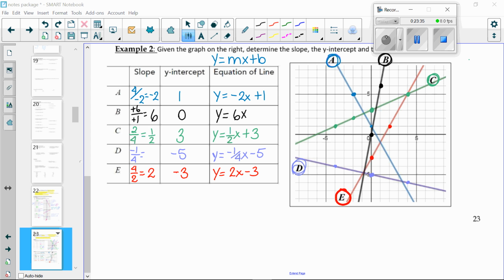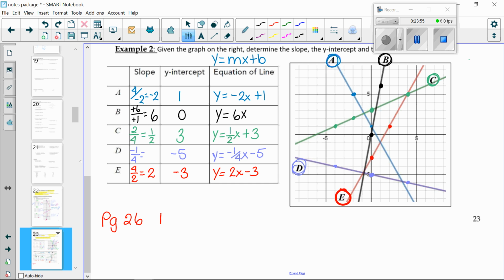Okay, I'm going to stop at this example here. What I want you to do is on page 26. I don't want to go on because it's already a lot of information, so we're going to go to page 26.